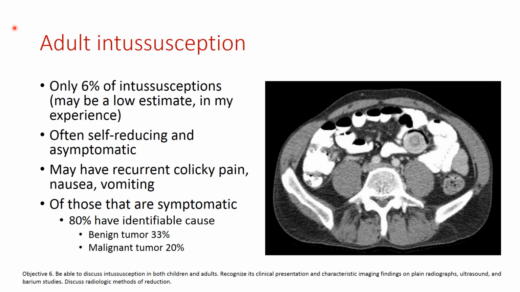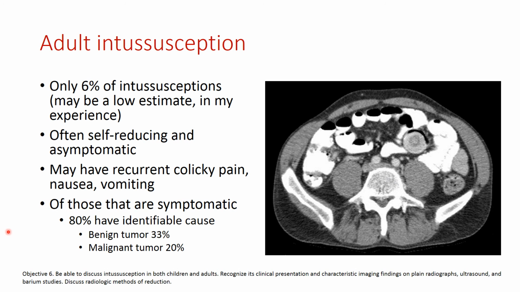But we actually see a fair number of ileo-ileal intussusceptions in adults that are asymptomatic when we are doing a CT scan for another reason. These seem to be usually self-reducing, and in fact, there are times when we would go through the abdomen, see one of these, then do delayed images through the abdomen, and it would just be gone. It would self-reduce, and so we eventually stopped doing delayed images because we saw it so often, and it would just go away. But when they're symptomatic, they may have this recurrent colicky pain, nausea, and vomiting.